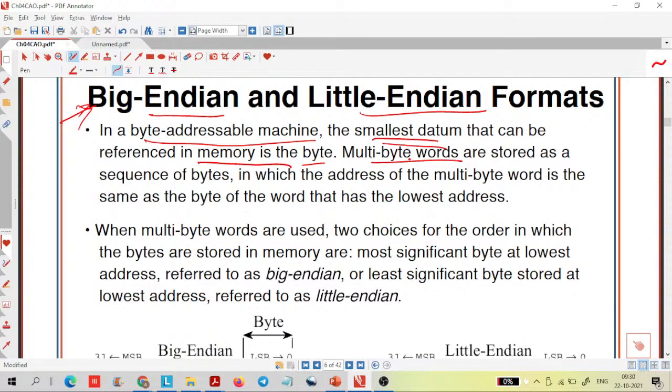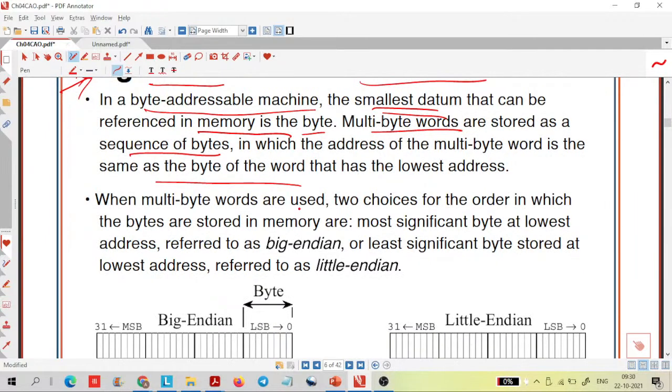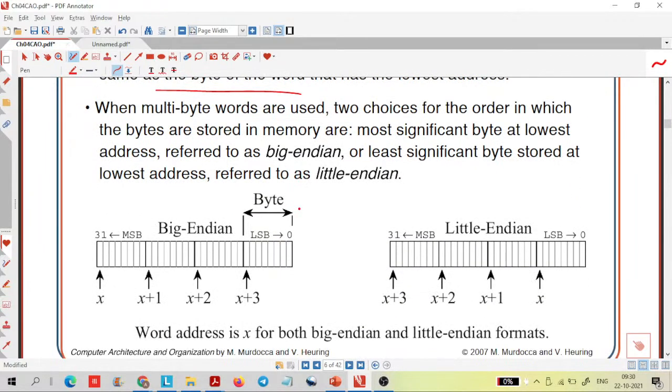So multi-byte words are stored as a sequence of bytes, in which the address of the multi-byte word is the same as the address of the byte of the word that has the lowest address. There are two choices for the order in which the data are stored. Most significant byte, that is MSB, at the lowest address is referred to as big endian.